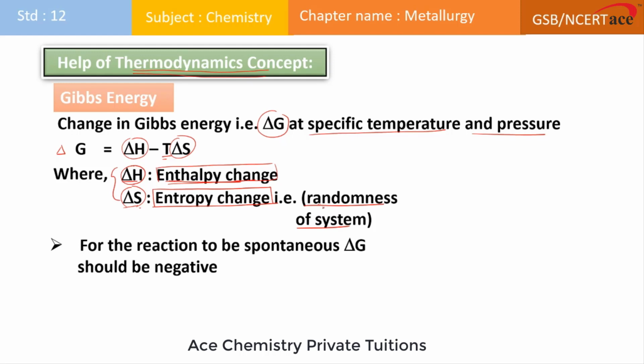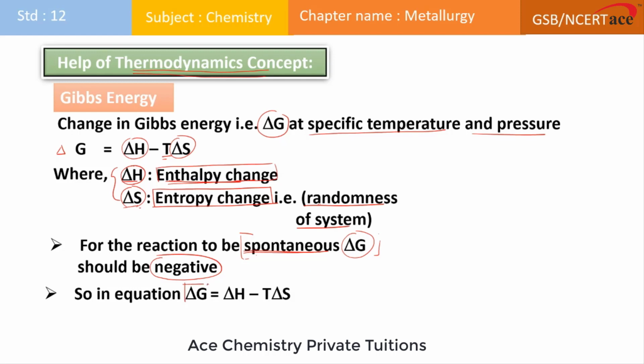When we say any reaction is what? Spontaneous. Basically delta G values indicate the spontaneity and the feasibility of the reaction. So whenever any reaction is spontaneous, the delta G value should be negative. It's a point to be noted. For a spontaneous or feasible reaction, the delta G value should be negative.